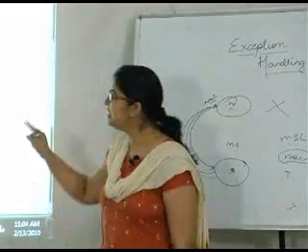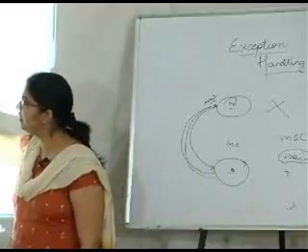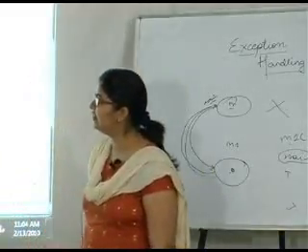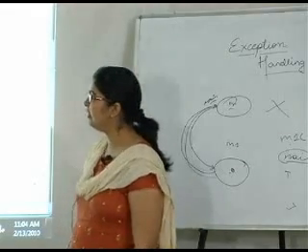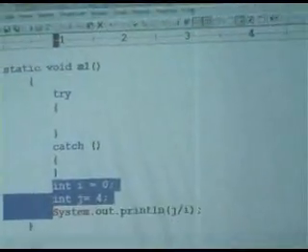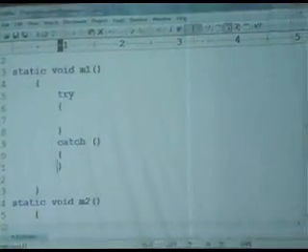If I am placing a try and a catch block in M1, can you please write a try and a catch block, and write the code of M1 inside. Then I provide the try and catch block here itself.